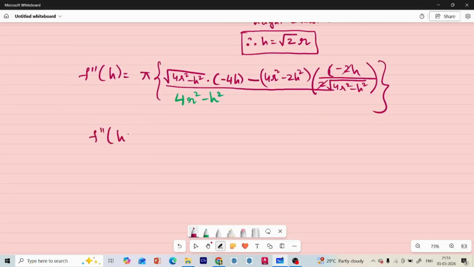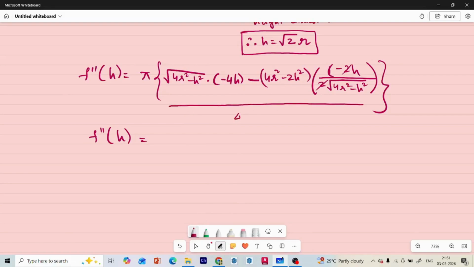F double dash h is equal to, let me just write it a little more neatly, by 4r square minus h square. Okay, so pi into, what is there, minus 4h into root over 4r square minus h square.